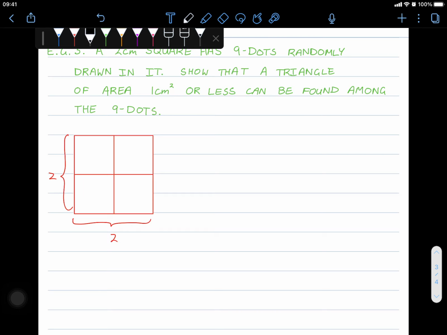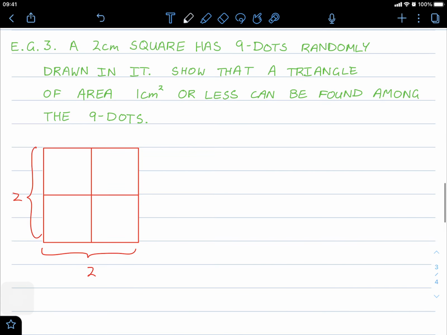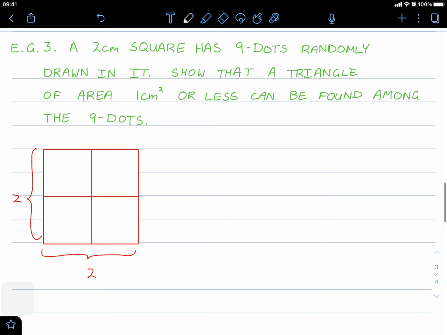Now, before we continue, I want you to take a look at an interesting principle here. Since this is a square with 4 centimeter square area, any triangle we draw on the inside of this, no matter what triangle we draw, has to be less than the area of the total square that it is contained in.